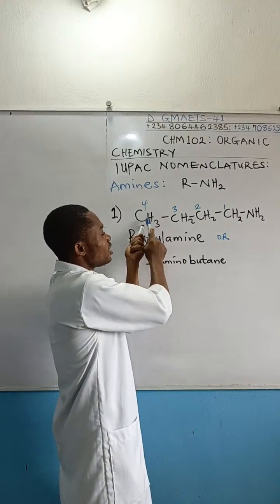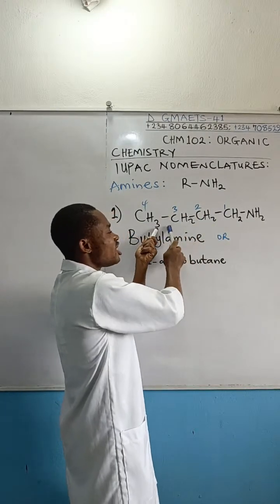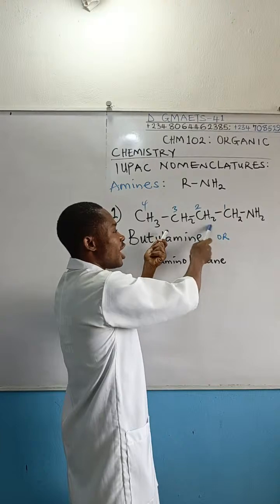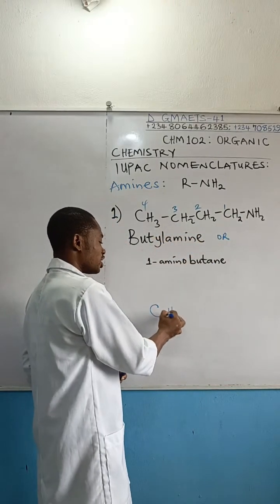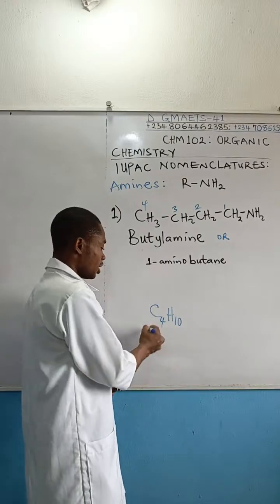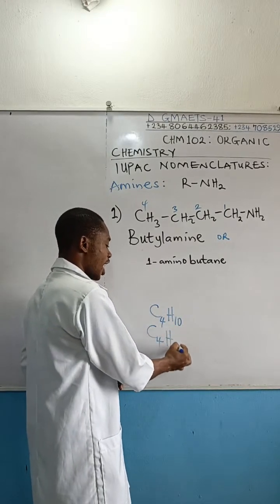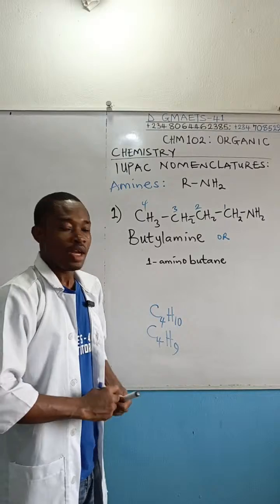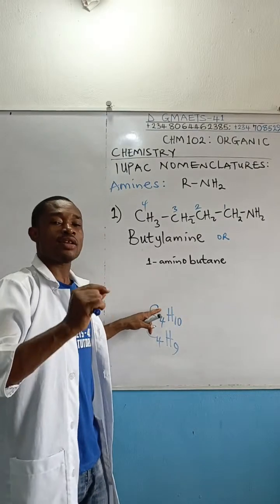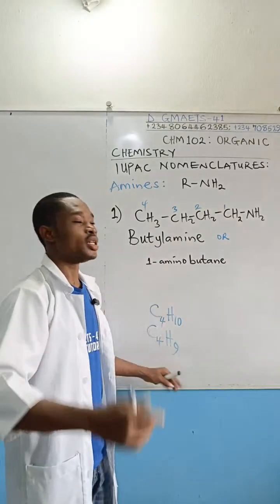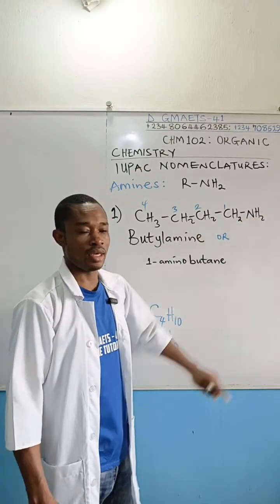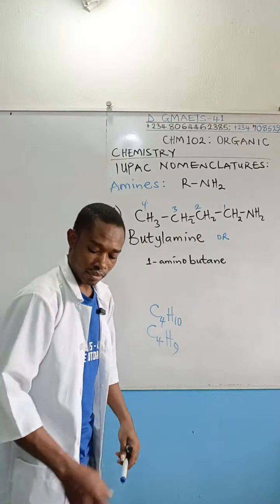But if you count these 4 carbon atoms, the number of hydrogen atoms you will see there will be 9. If it becomes C4H9, that becomes an alkyl, because this alkane has lost 1 hydrogen. So that becomes alkyl, butyl. Then you conclude amine, butylamine.